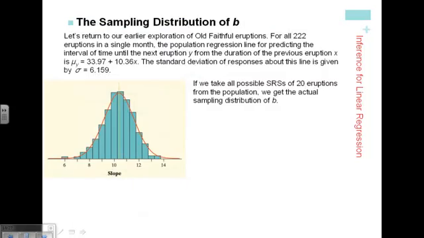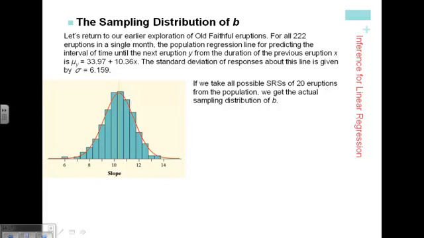Okay, the sampling distribution of b. Yesterday I started hinting at this idea that if you take sample after sample from this data that has both x and y values, you can run linear regression.